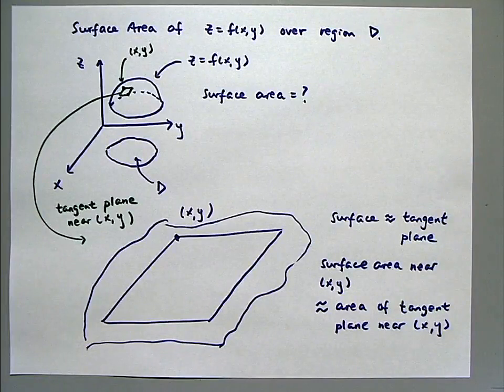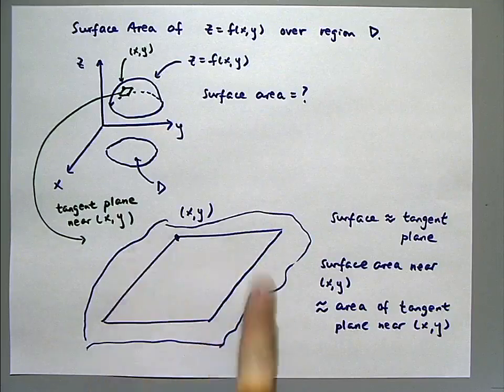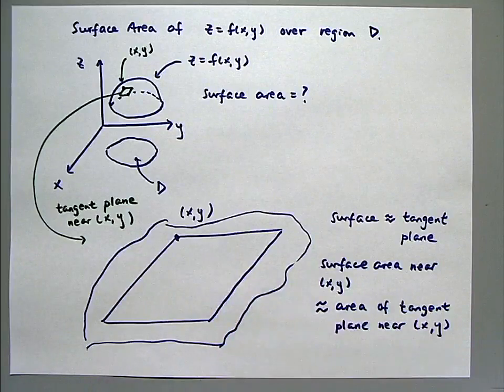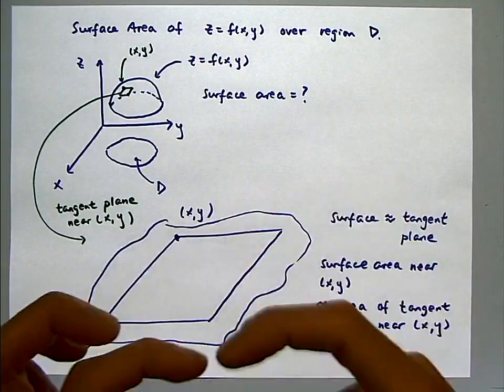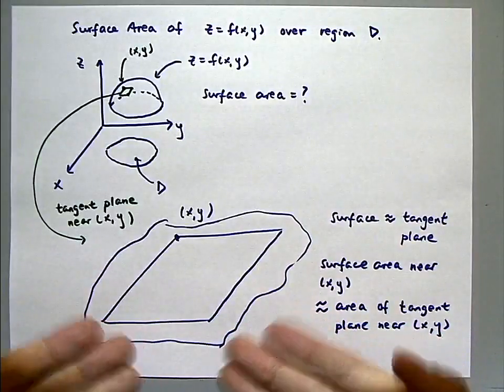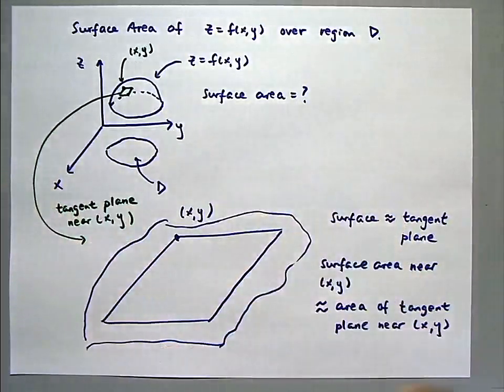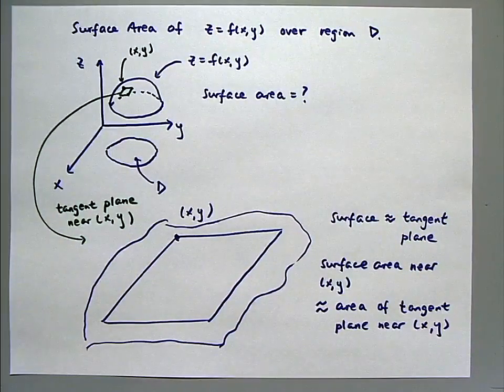A tiny little region near this point, that surface is about the same as the tangent plane. So if I could find the tangent plane area here, near that point, that's going to be roughly equal to the surface area, that little portion of the surface area right below the tangent plane. And if I keep shrinking the tangent plane here, the approximation gets better, and then I integrate over the whole thing. So that's the idea here.